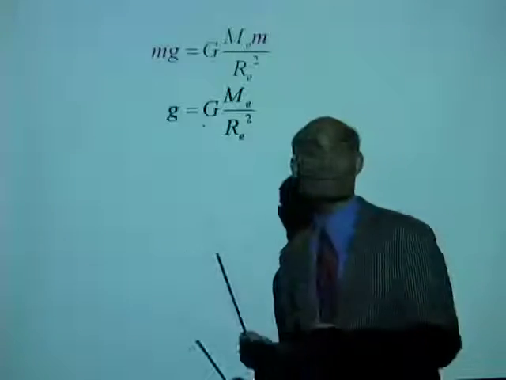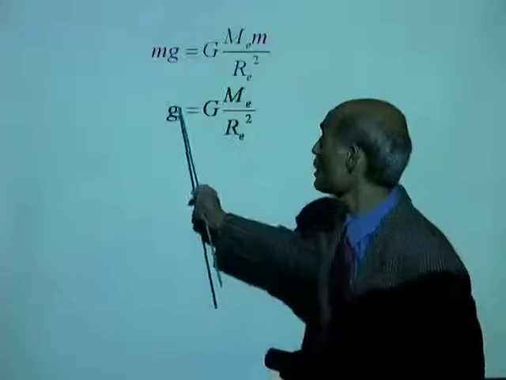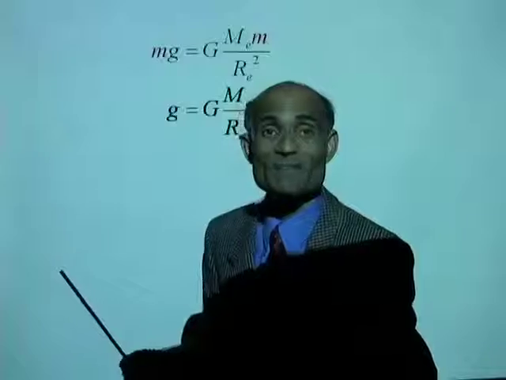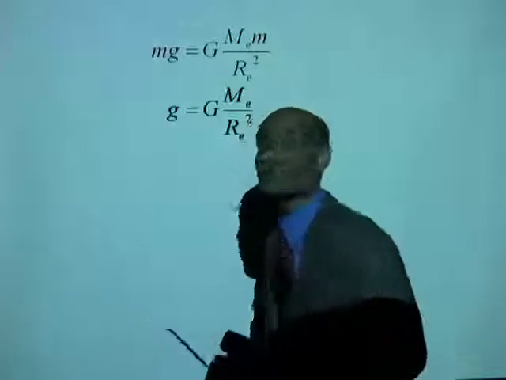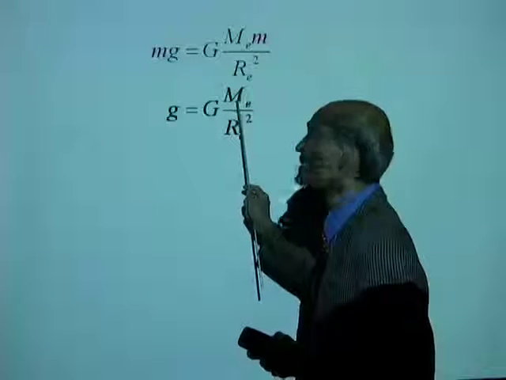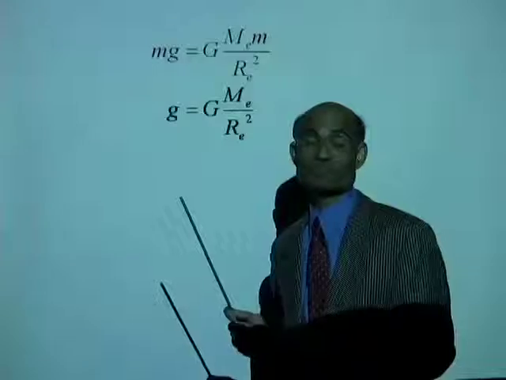And what does that give you? That gives us an equation for g, lowercase g, the acceleration due to gravity. The equation for the acceleration due to gravity is uppercase G times M e over r e squared.